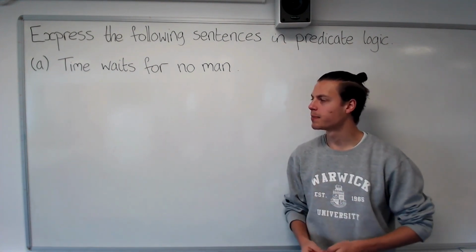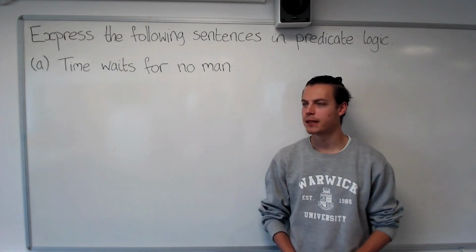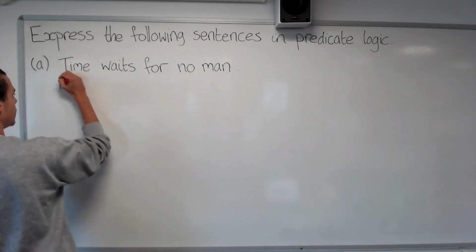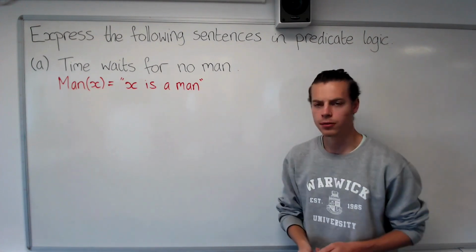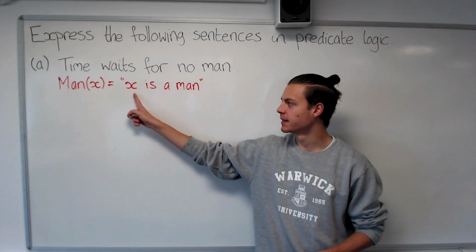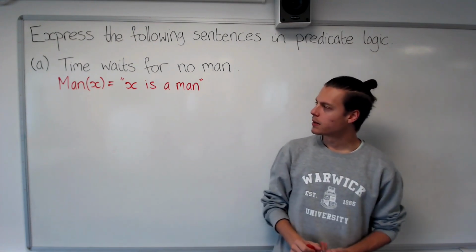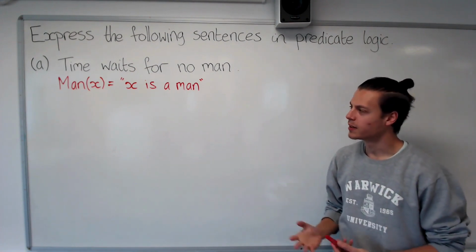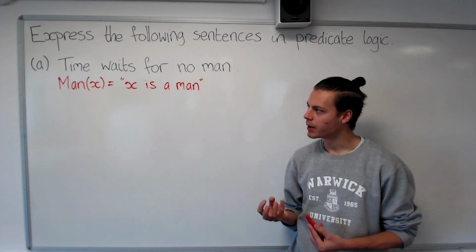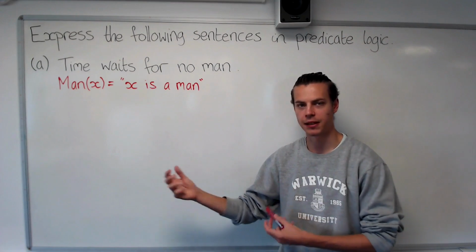Thinking about the kind of predicates we might want to introduce, we'll definitely want one that expresses that something is a man. Something like this would do. Man(X) expresses X is a man. Another predicate we might want to introduce is something expressing that X waits for Y, that something waits for something else.